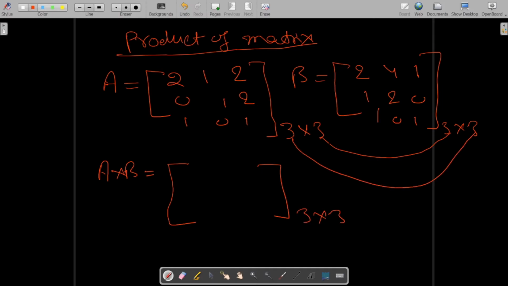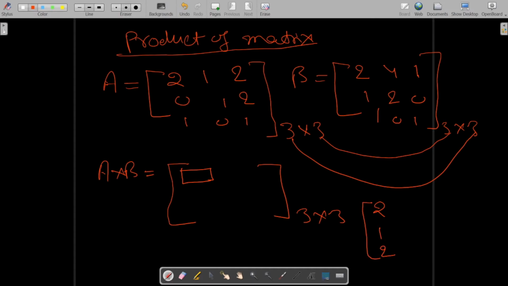So if I want to find out the value of this first row, first column, then how to find that? You have to take the first row from the first matrix, which is nothing but 2 1 2.